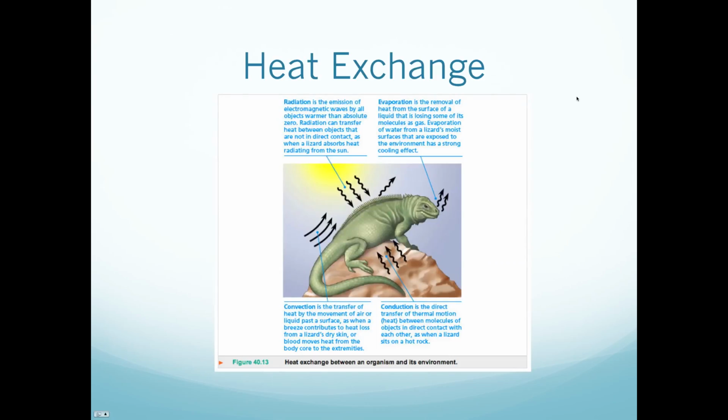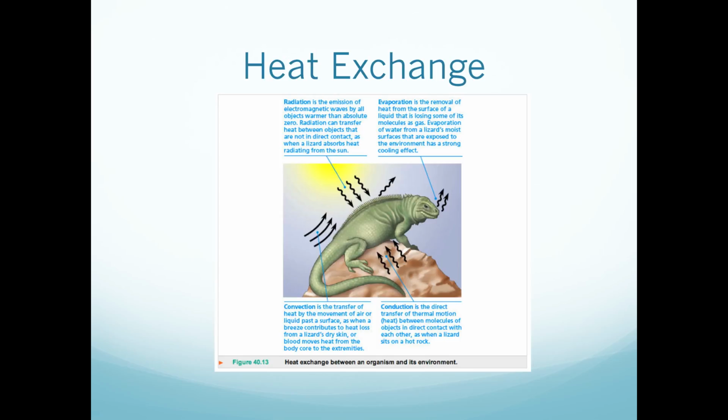Heat exchange: you can have heat exchange in the environment in a lot of ways. So you can radiate heat. Organisms that have large surface areas will tend to radiate heat. You see jackrabbits have big ears, or this lizard has a very broad body to radiate heat. Evaporation: this lizard's only evaporating probably from the moist surface of its nose, but in an endotherm like us, that would be sweating.